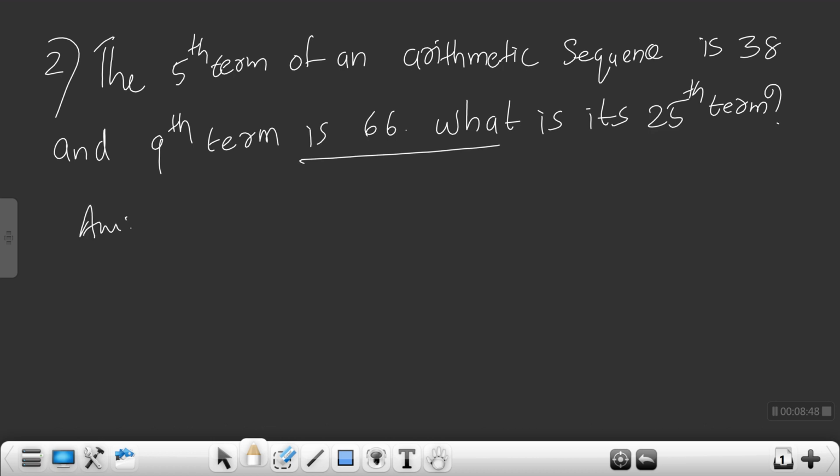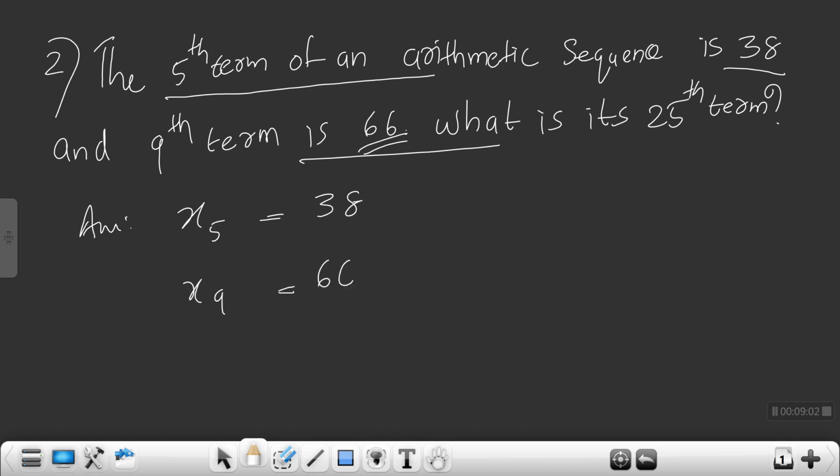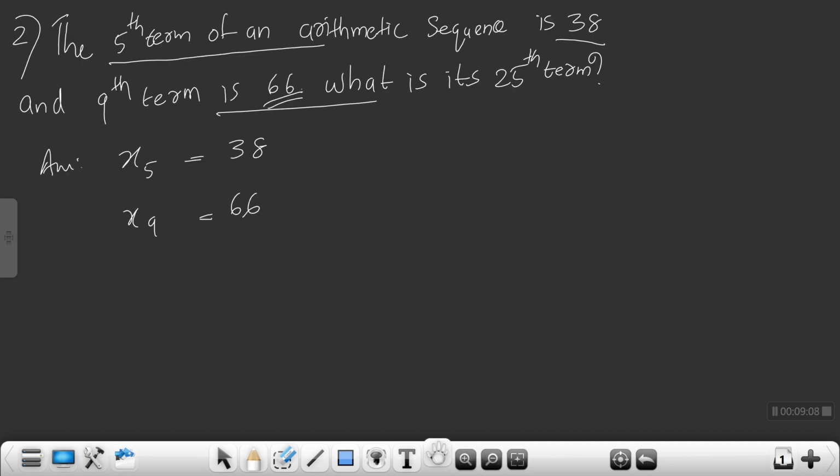In the question, it is given that the fifth term is 38 and the ninth term is 66. That is, x5 is 38 and x9 is equal to 66. We want to find its 25th term. For that, first we want to write its first term and the common difference.